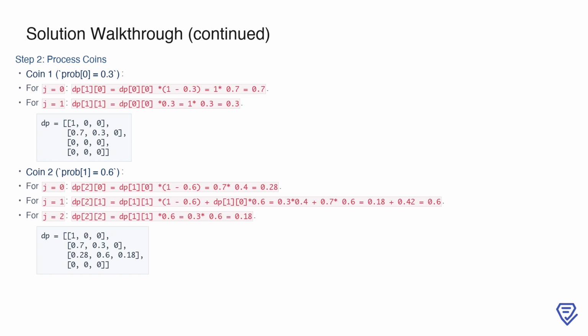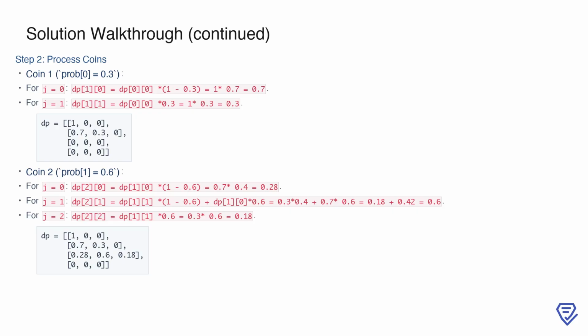Moving to the second coin, which has a probability of heads equal to 0.6, we calculate probabilities for 0, 1, and 2 heads. For 0 heads, dp[2][0] equals dp[1][0] * (1 - 0.6), which equals 0.7 * 0.4 equals 0.28.